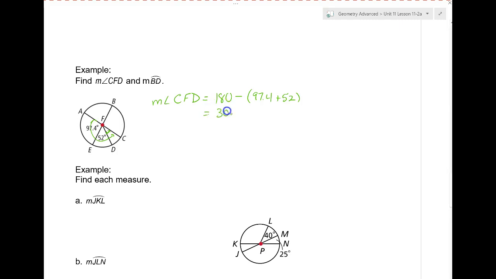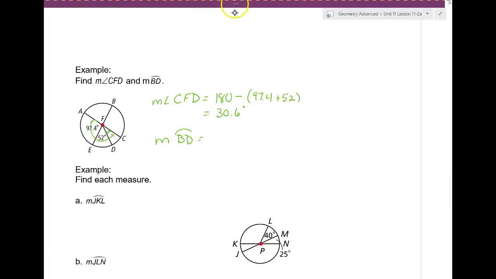Did you get 30.6 degrees? Make sure it's degrees if I'm talking about the measurement of an angle or the degree measure of an arc. All right, so we know that's going to be 30.6. Awesome. Now, I'm looking for the measure of arc BD. If I just use 2 points, is that a major or minor arc?